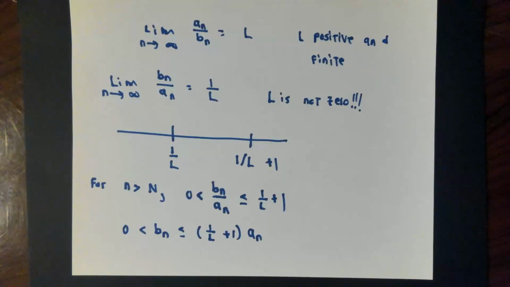So, to summarize, we have figured out the what of the direct comparison test and the limit comparison test. We see how to apply them. We have also seen why these things are true. We want to look at something called absolute convergence and alternating series.